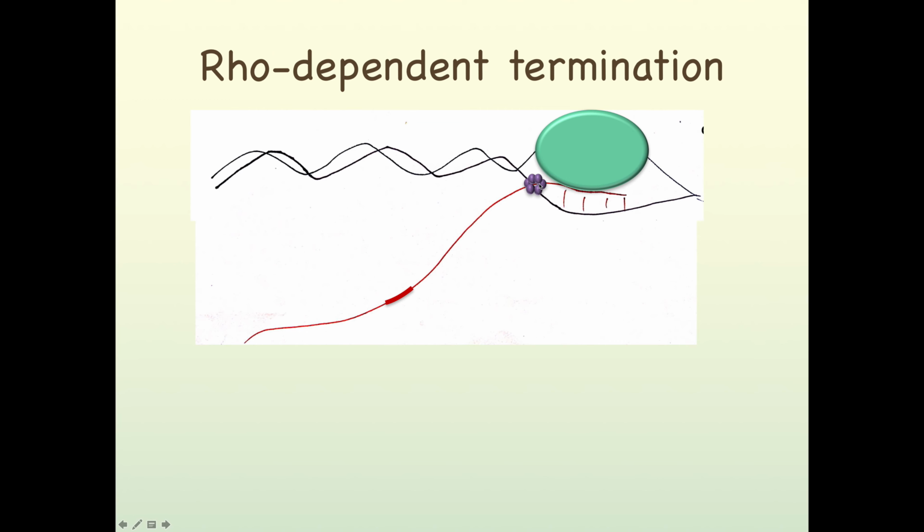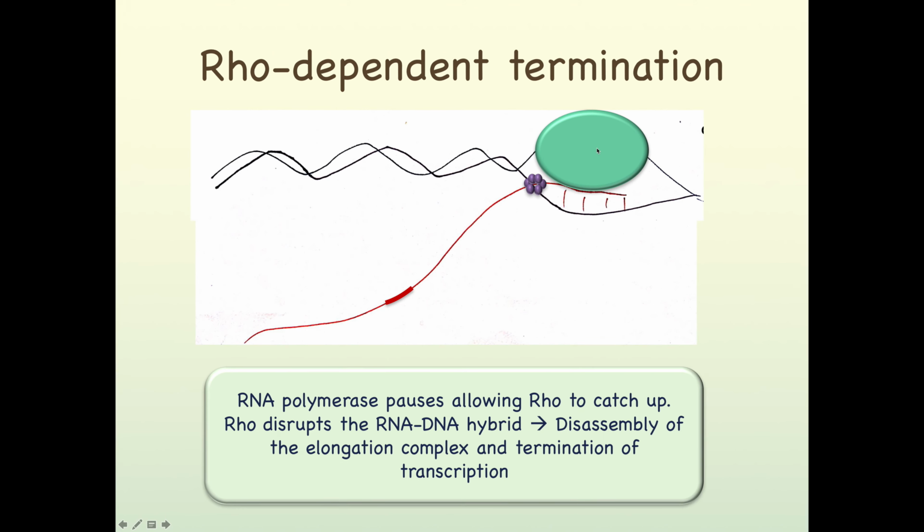What is absolutely known and for sure is that it disrupts the RNA-DNA hybrid and therefore disrupts the elongation complex. There are a couple of different ideas on how it does this, but what's important for you to understand is that once it catches up, it does disrupt the RNA-DNA hybrid, and the elongation complex disassembles, and transcription is terminated.